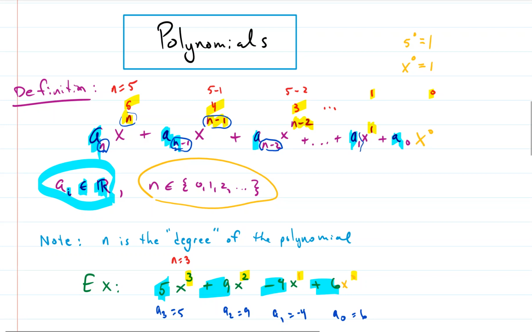A sub 1, that's just the constant in front of the term with a 1 as the exponent. And a sub 0, that's the constant term, meaning it's the term that often is just by itself because we don't see this x to the 1. That's never written. And the 0 just means the exponent is 0 on the x.